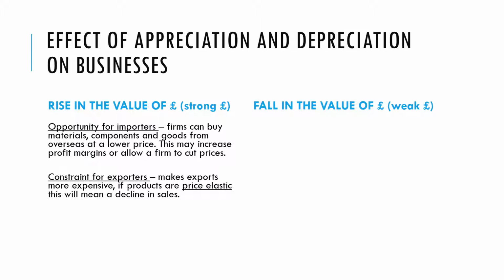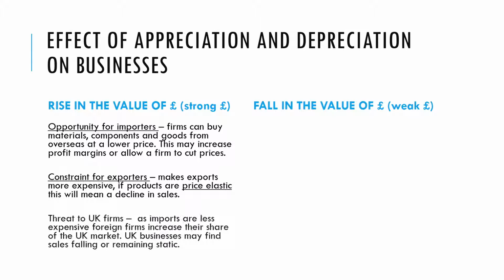It's bad news for exporters. Exports are more expensive, particularly if your products are price elastic. You might see a significant decline in sales revenue. So this poses a threat, generally speaking, to UK firms, particularly for UK exporters.